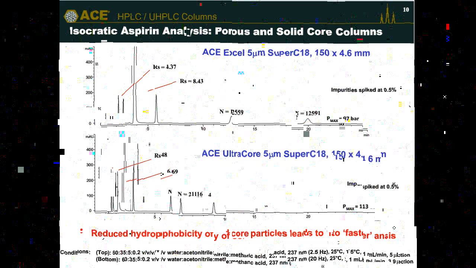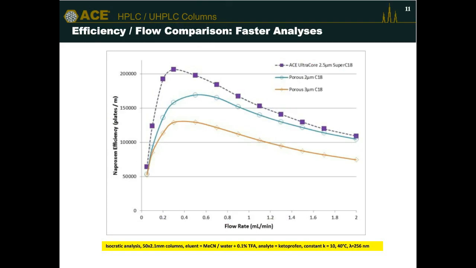So for a given efficiency, you can use a higher flow rate and reduce your runtime. What you pay with is back pressure. If we just look at this fully porous 2 micron particle here, you can see for a certain efficiency, just over 150,000, your flow rate is 0.5-ish.